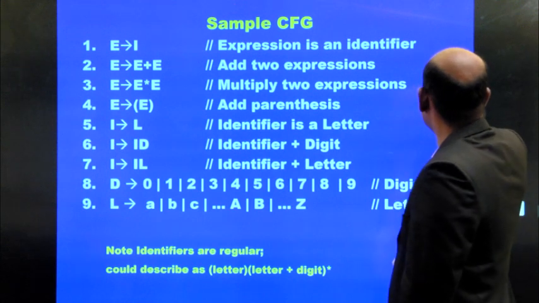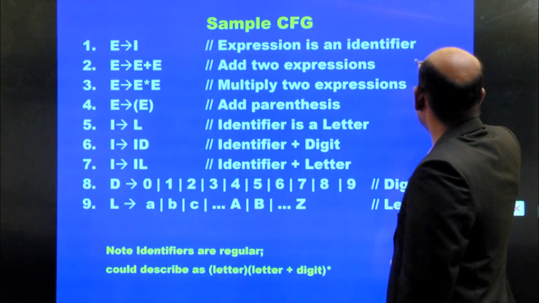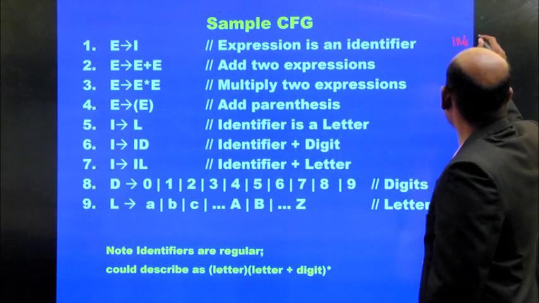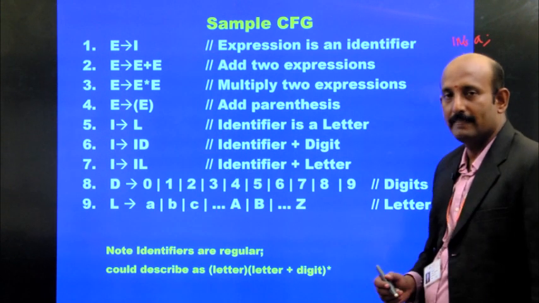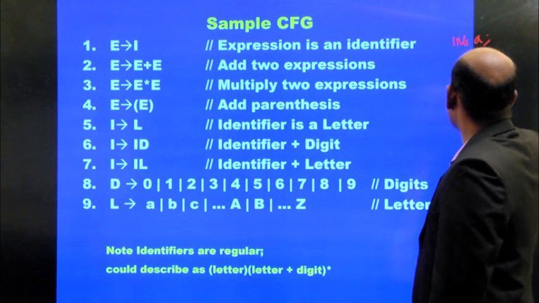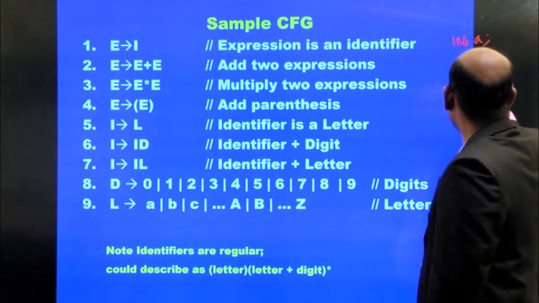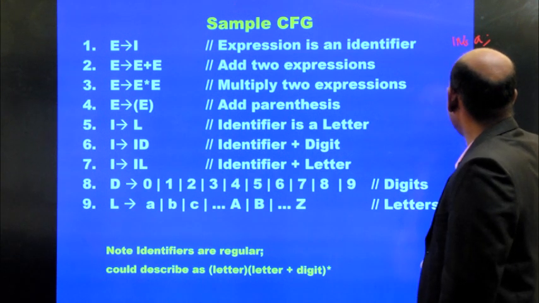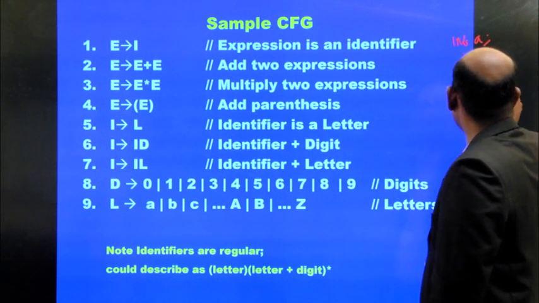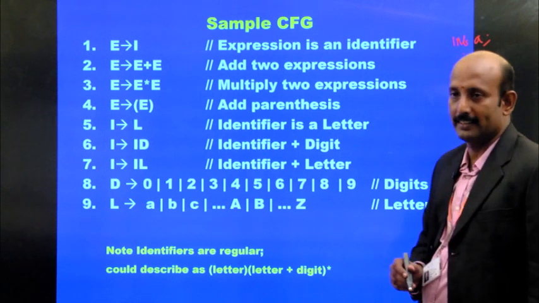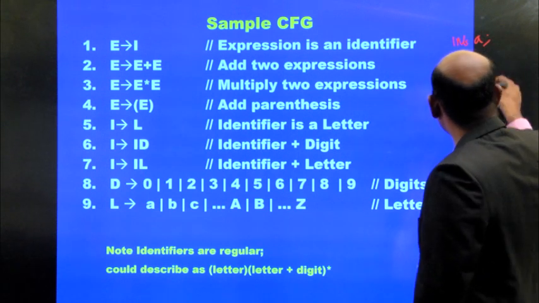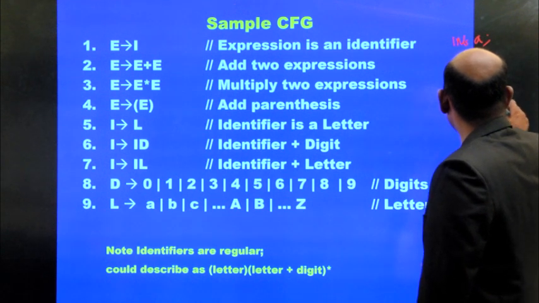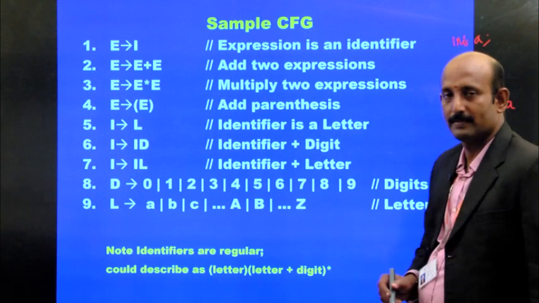For example, we may write like this, integer a. It's a valid variable. Likewise, integer a1 is also valid, or integer a21a, like that.